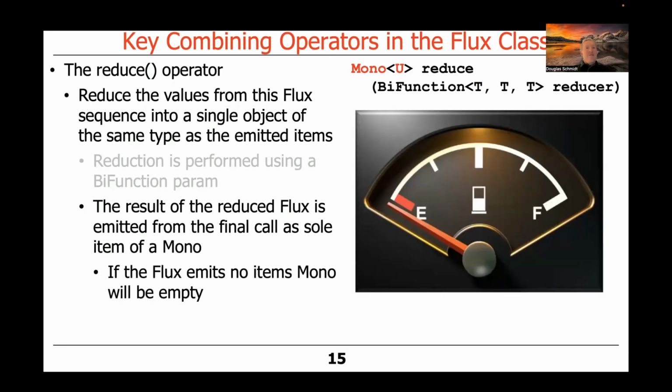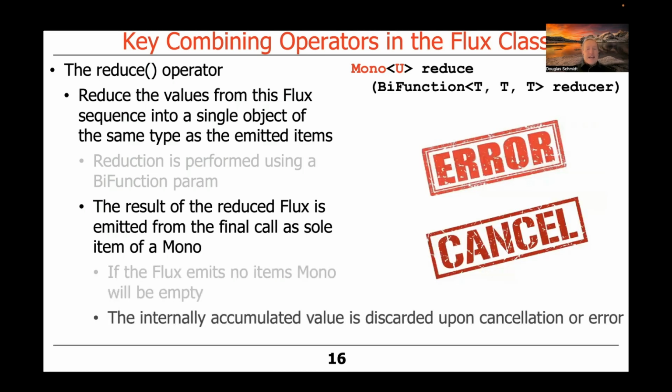Now, if the flux is empty, then we'll get back an empty mono. It won't have anything to be emitted at all. And if there's cancellation or if an error occurs, then this running tally, this accumulated value, is discarded upon cancellation or upon error.